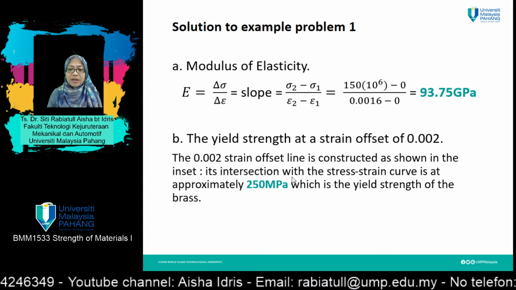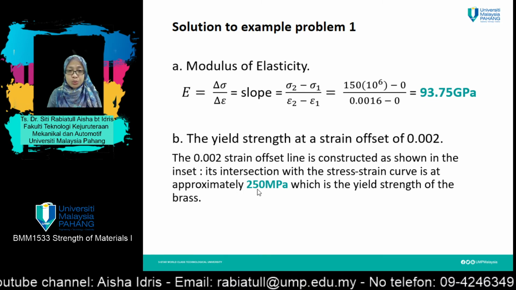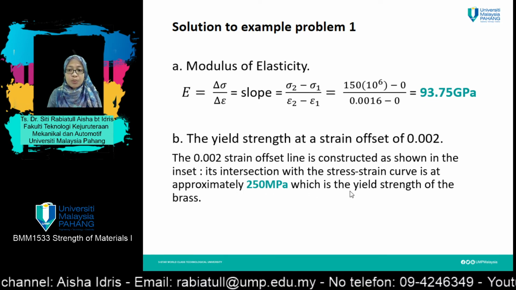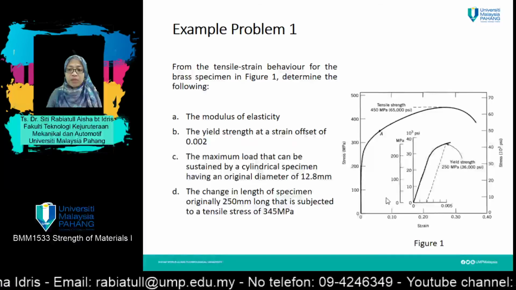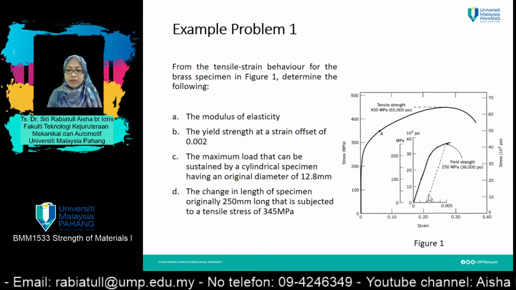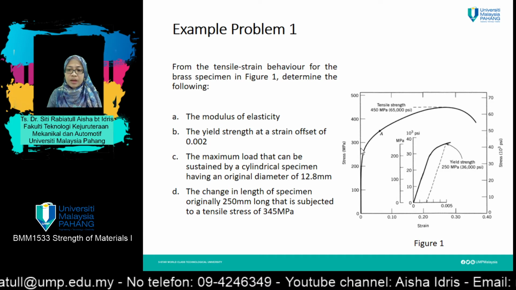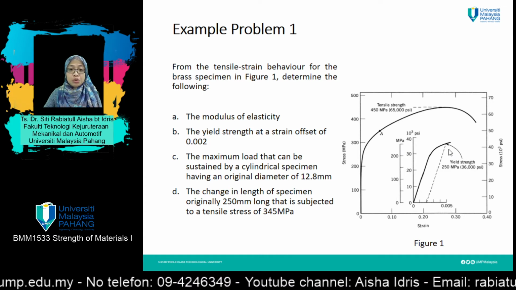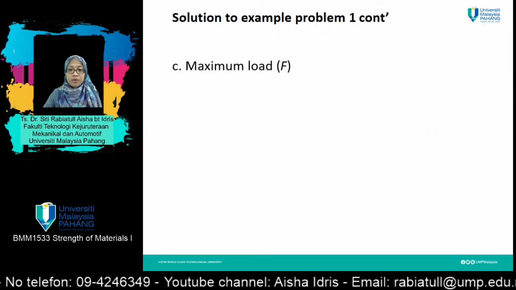The intersection with the stress-strain curve is at approximately 250 megapascal, which is the yield strength of the brass. Again, if you look at the graph here, at this point 0.002, and then taking it back here, you'll get approximately 250 megapascal. Move on to the next question.